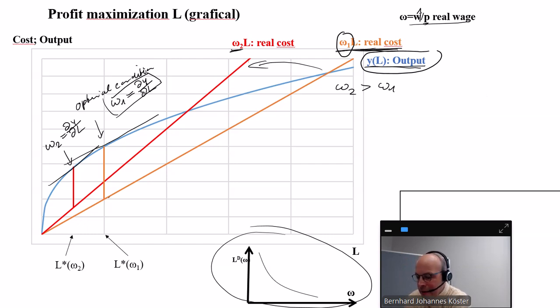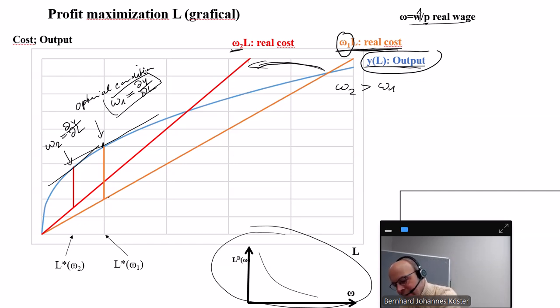The maximum distance between these two curves we find when the two slopes coincide, and this again means marginal product equals the price of the input factor.